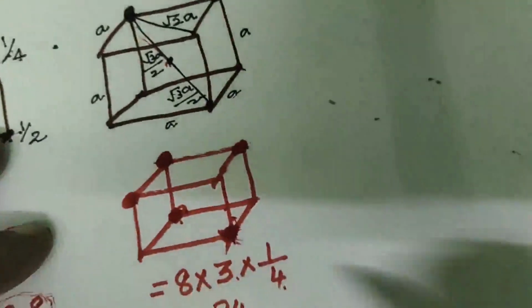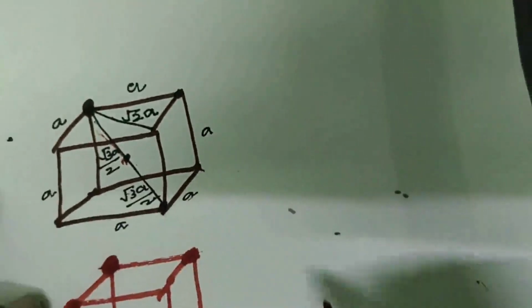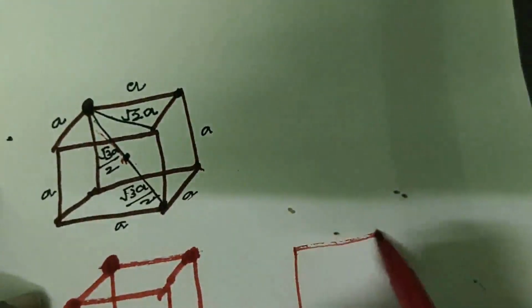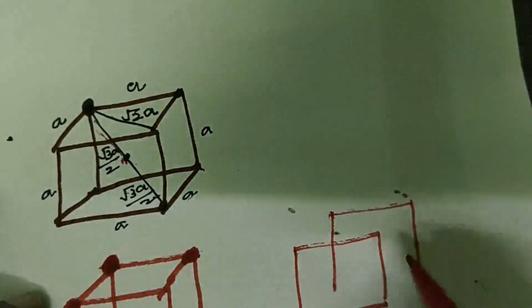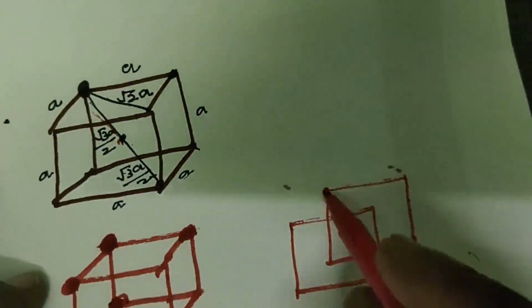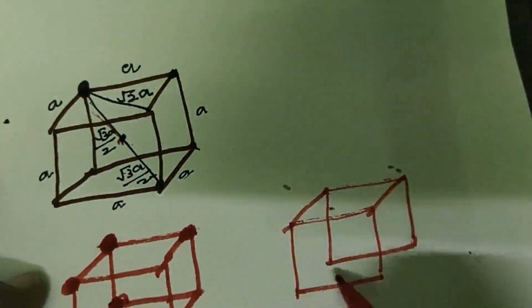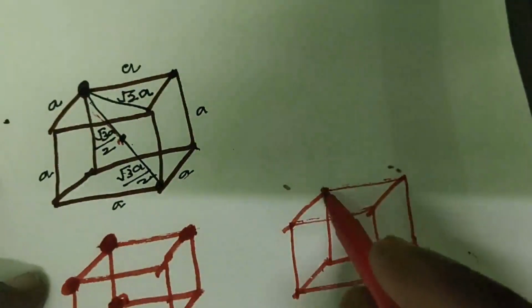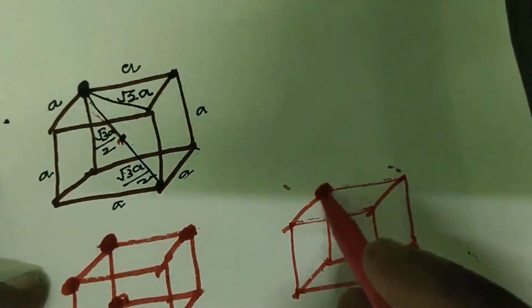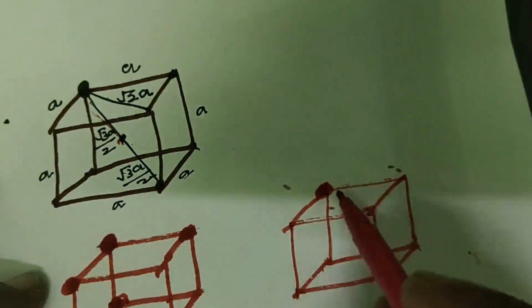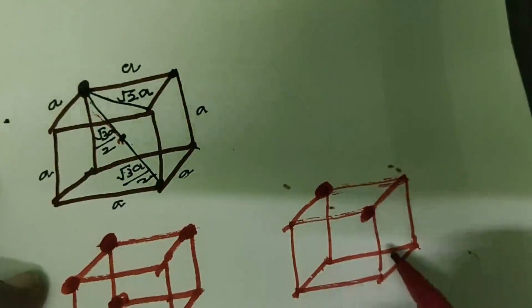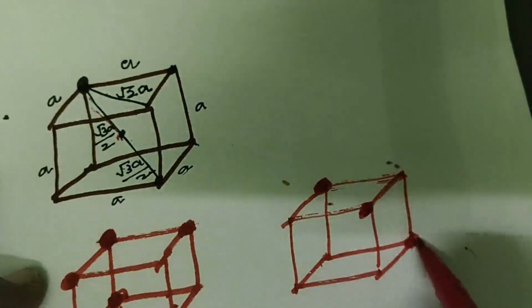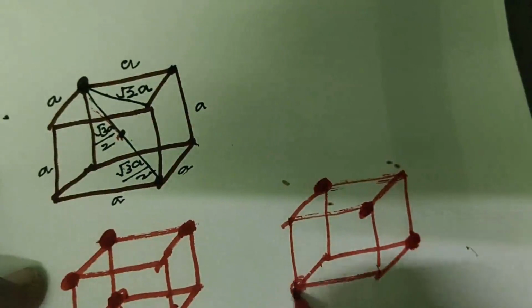Then third. So this particle to this particle, this one is the third nearest. Then this one, then this one.